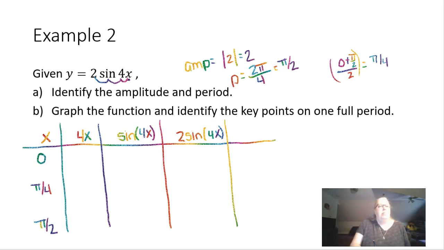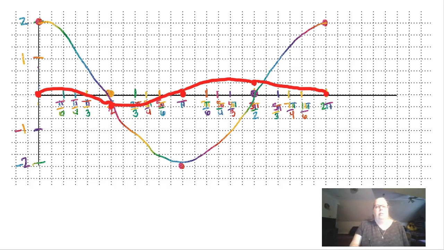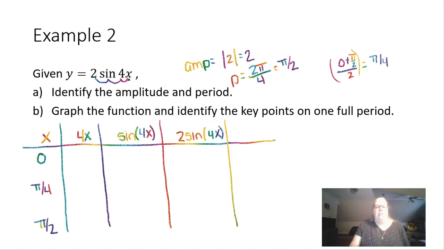All right, let's go back to our picture. Here was a 0. Here was a 0. I had an important point in between right here. This was a minimum value, and it happened at pi over 2, which is exactly halfway in between 0 and pi. So what I'm going to do is, I know there's a key point somewhere in here between 0 and pi over 4, and that's the angle I'm going to choose.